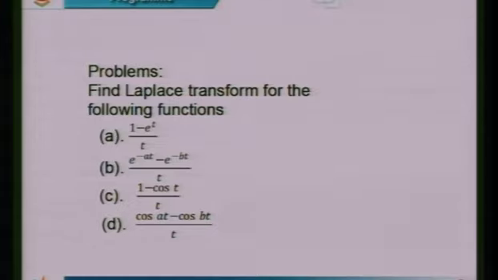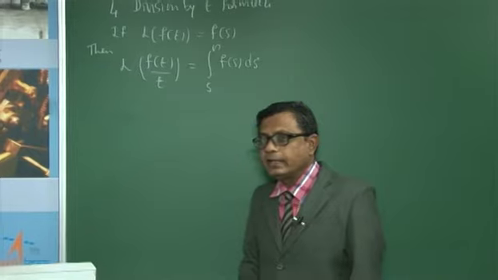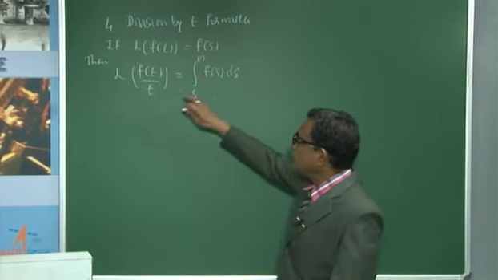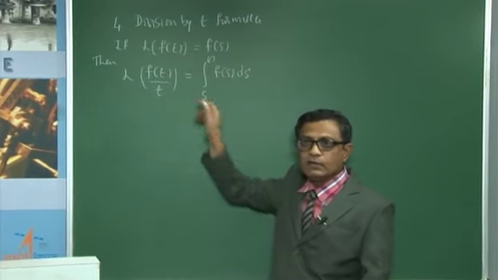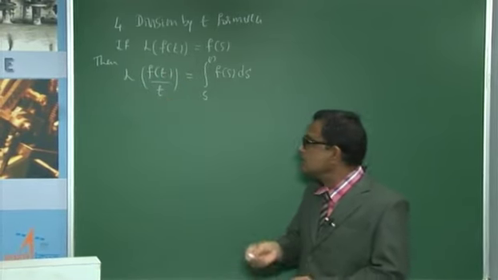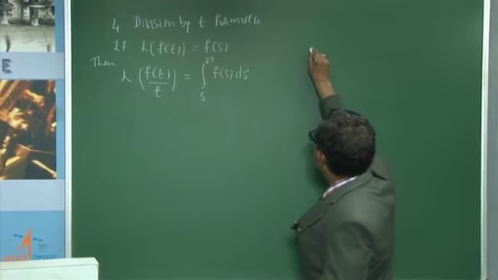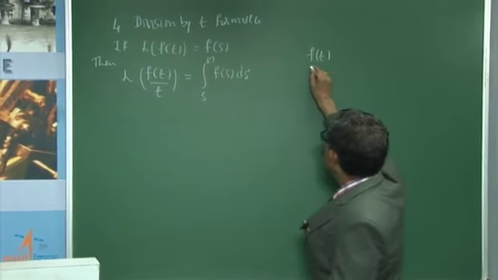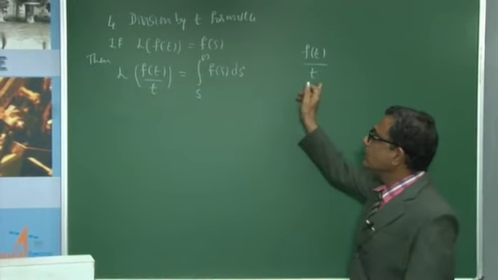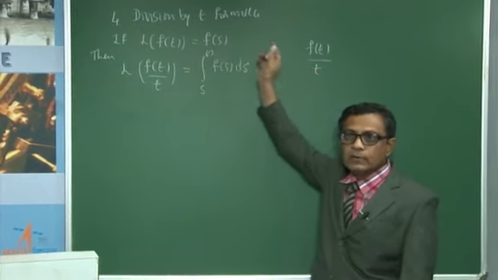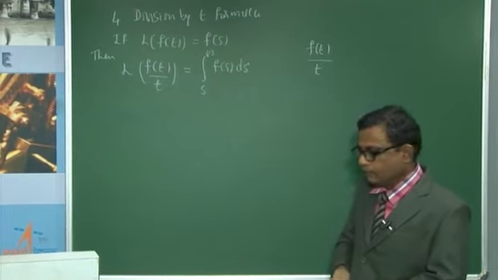Fourth one, cos at minus cos bt by t. Here in all these four examples, the function f of t is divided by t. Easily we can identify it. When the function f of t is divided by t, you can use the division by t formula.